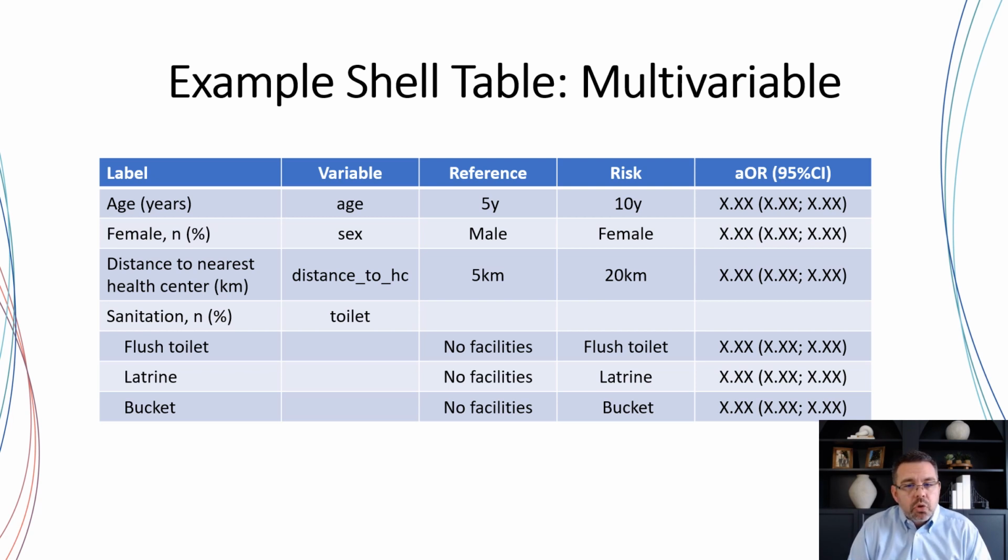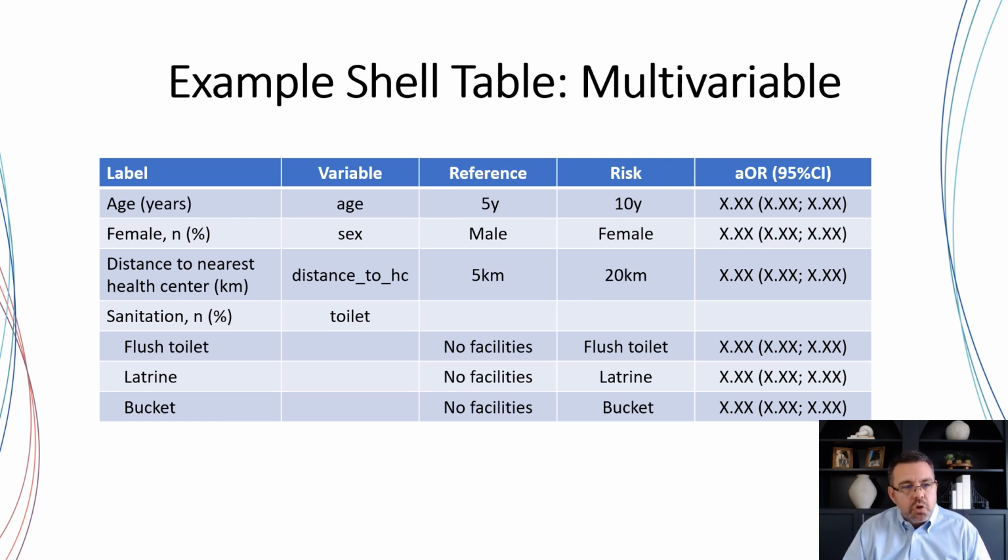But here I'm showing you what's a pretty standard table that you might see for, let's say, a multivariable logistic regression analysis. So for instance, if we want to try to compute an odds ratio for increasing age, for some outcome of interest, let's say it's acute rheumatic fever, then this is how we may attempt to present some of those results.